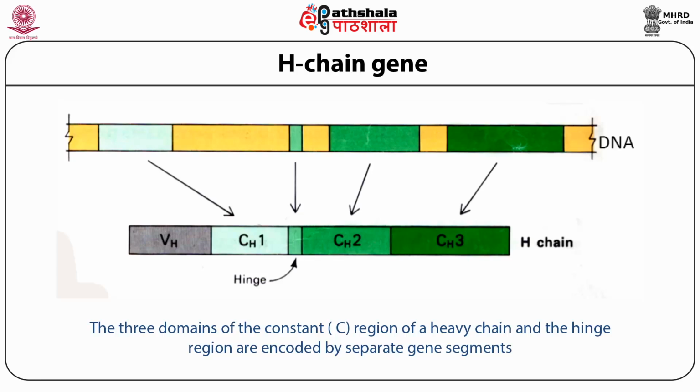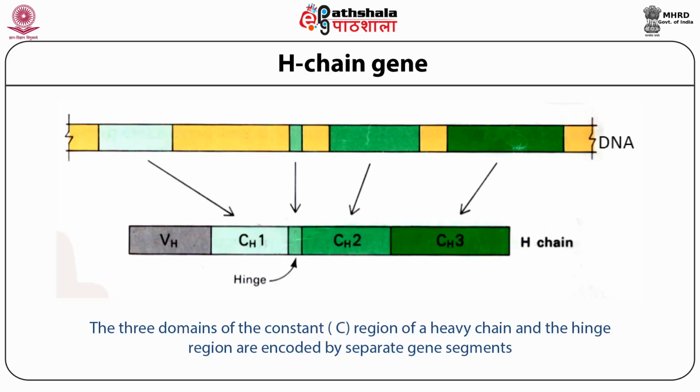In addition to this, there is a hinge element between CH1 and CH2. The gene mapping confirms that these five components are encoded by different DNA segments.